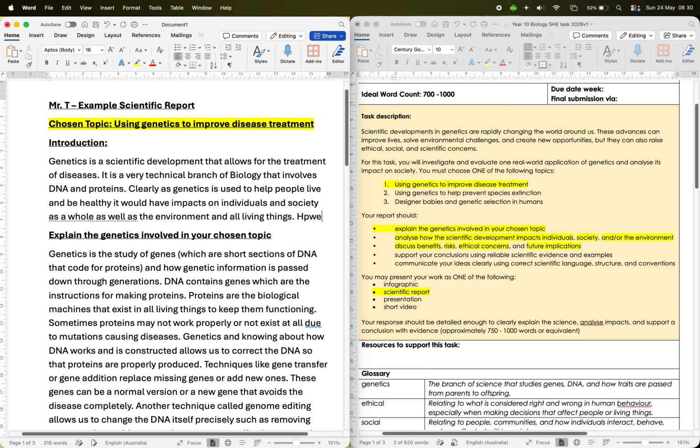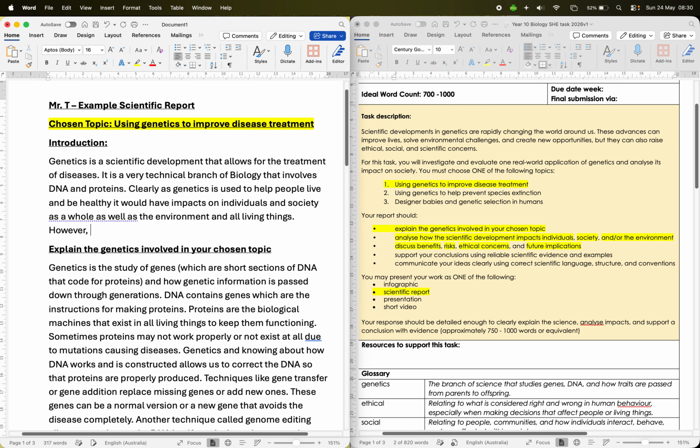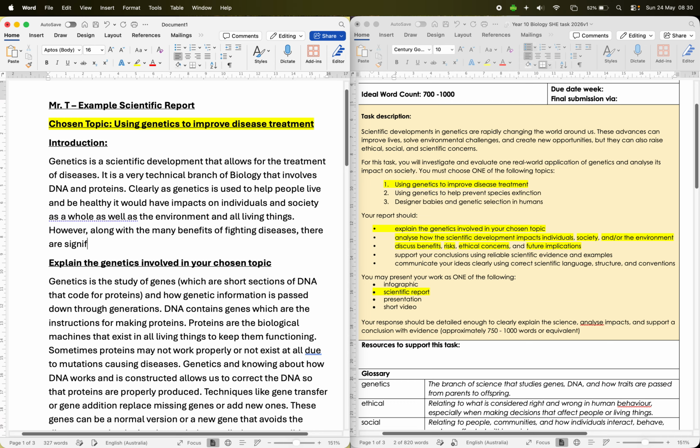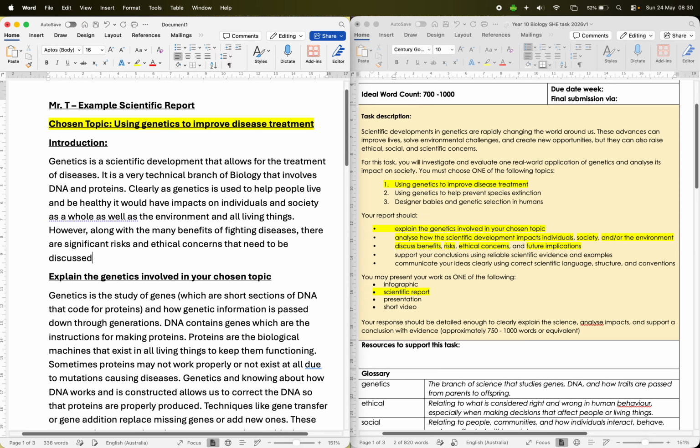However, along with the many benefits of fighting diseases, there are significant risks and ethical concerns that need to be discussed, along with possible future ramifications.